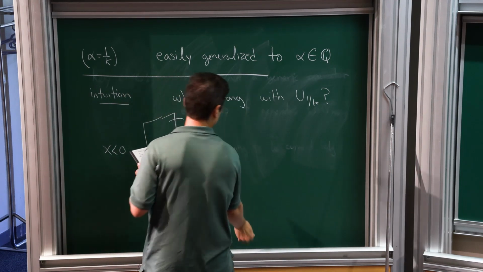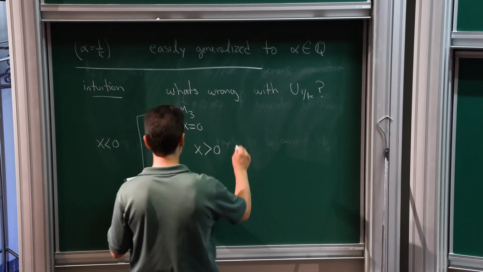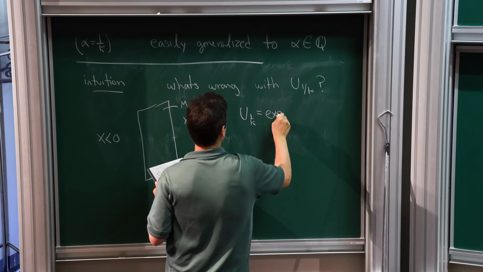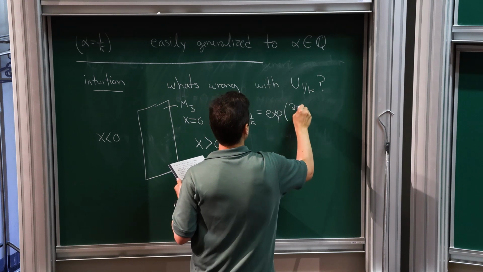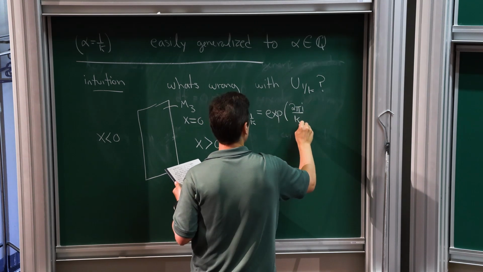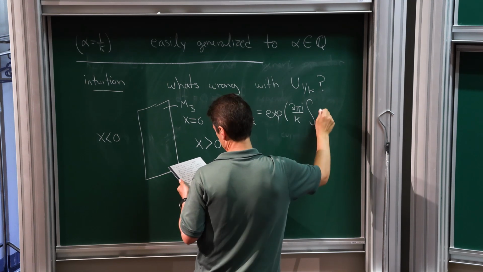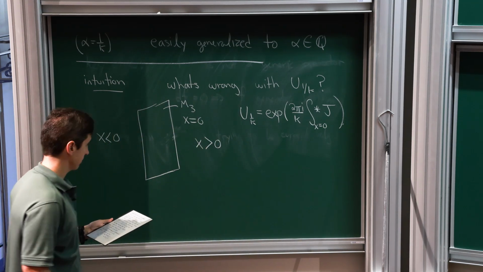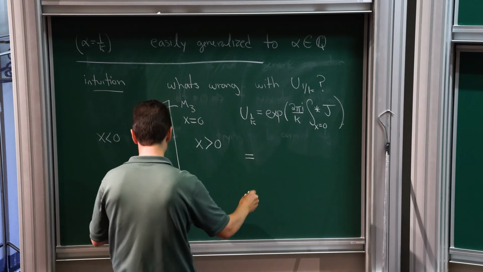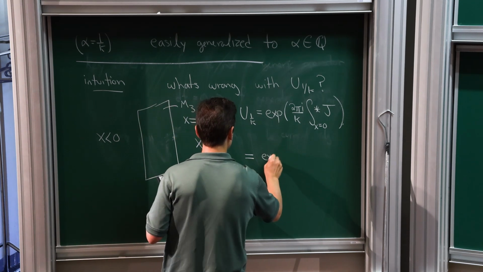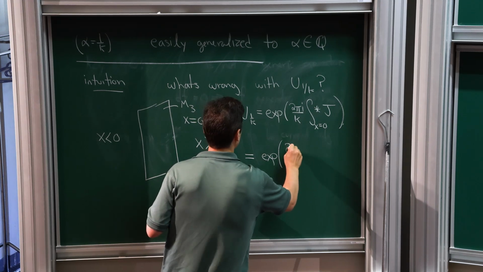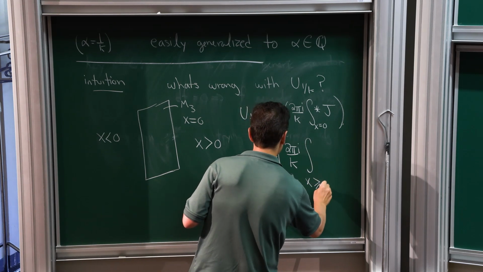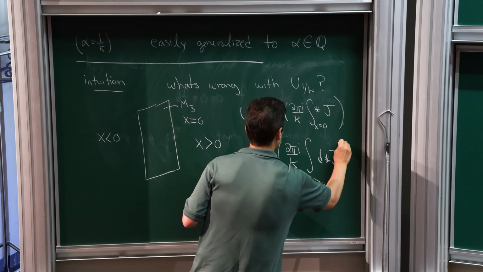Now, U(1/k) was the exponentiated integral of 2 pi i over k, integral on x equals 0, star j, which I just write using Stokes' theorem. Don't check my signs. Of d star j.